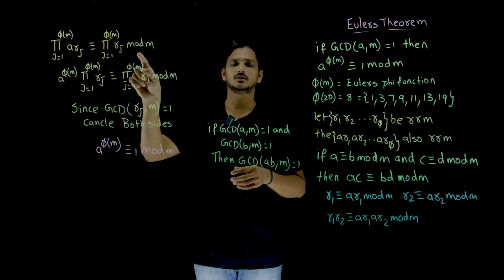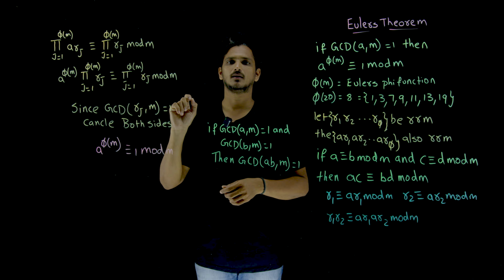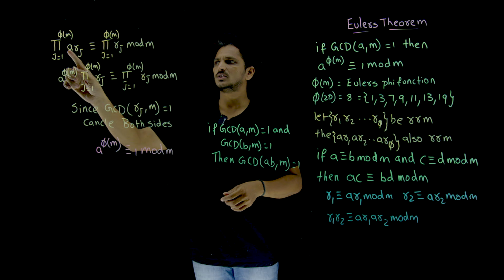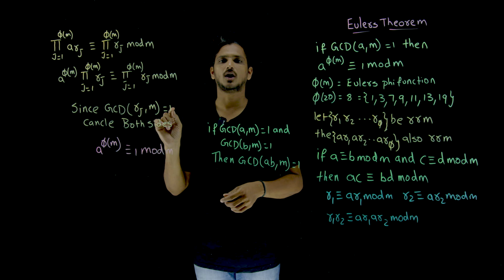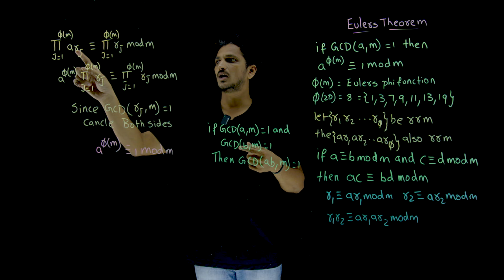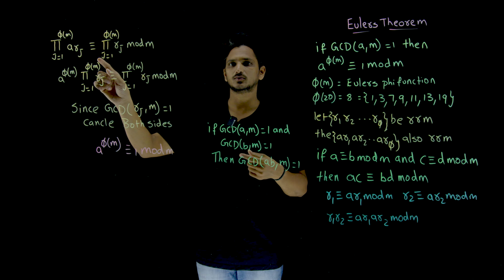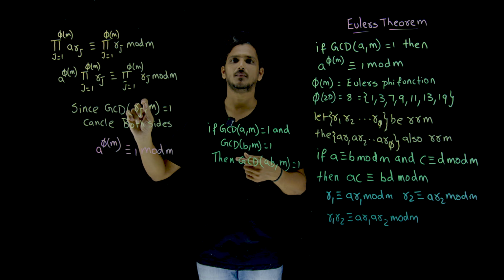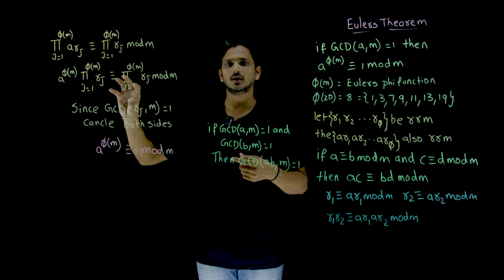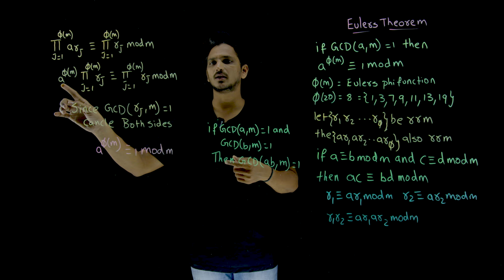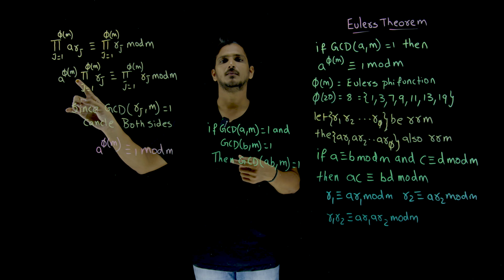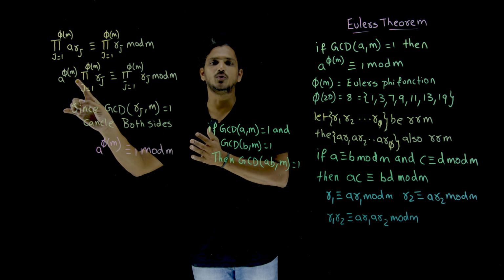So this is what we got from here. Now from this, remove A outside. How many A's will be there? Rj1, Rj2, Rj3, Rj4, so on up to Rj phi of m. So take A's outside. How many A's will be there? A power phi m. 8 A's removed.